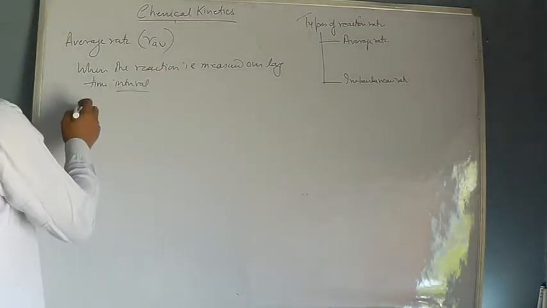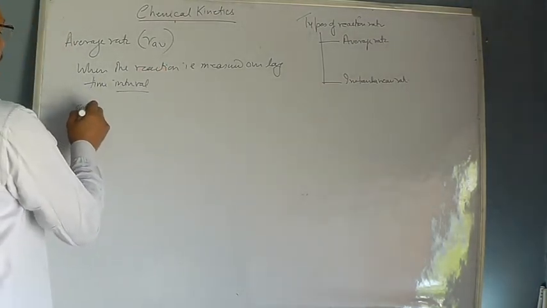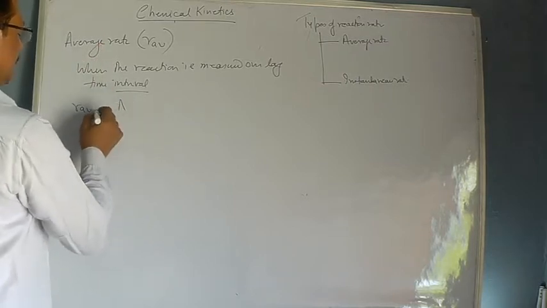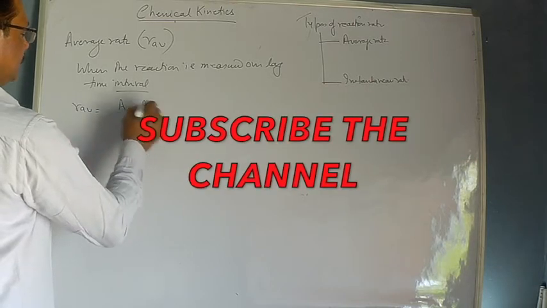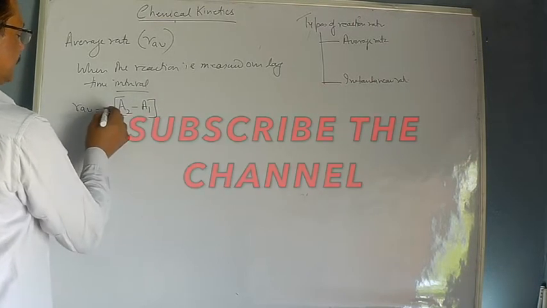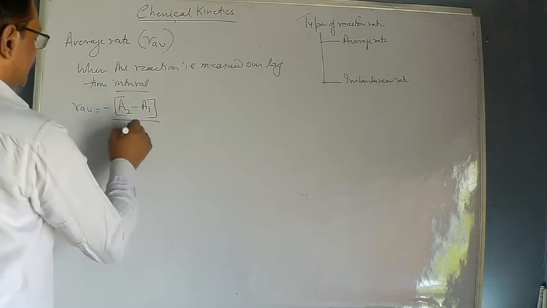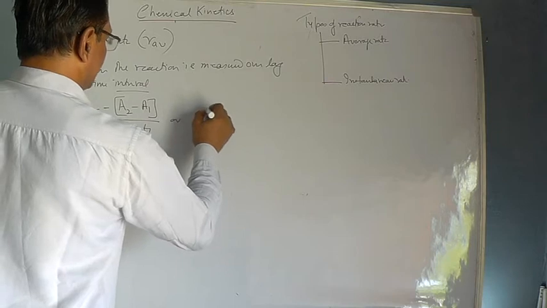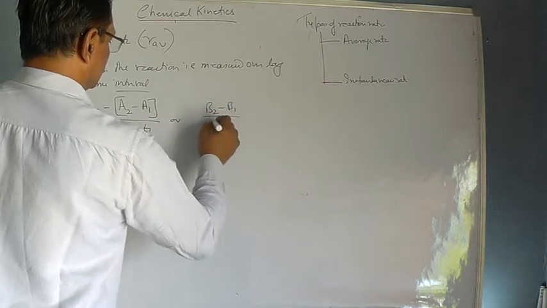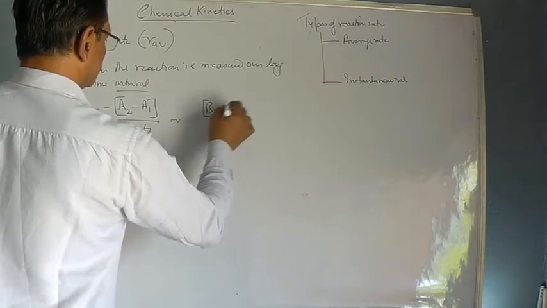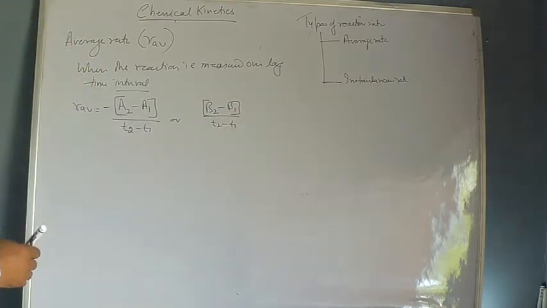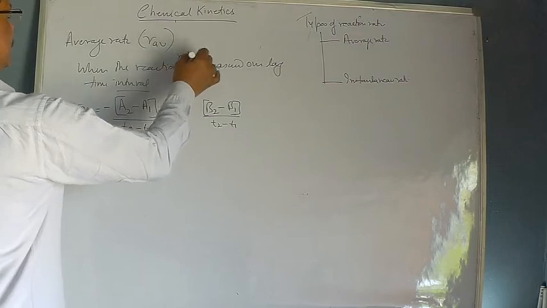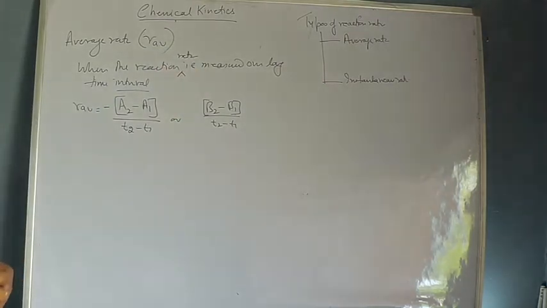How to write the expression? RAV. Remember class, A was your reactant. So RAV will be equal to A2 minus A1, again with a negative sign because it's a reactant, upon T2 minus T1, or for product we can write B2 minus B1 upon T2 minus T1. So when the reaction rate is measured over a long time interval, it gives us the average rate.